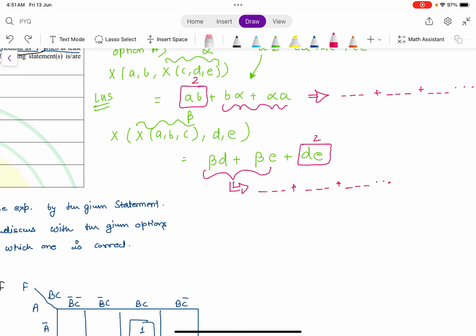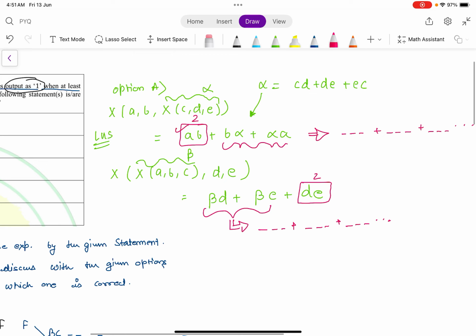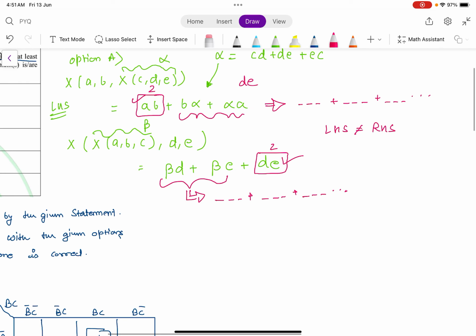So we can clearly say that AB is never going to vanish and DE is never going to vanish. So the left hand side is having one term AB and the right hand side is having one term DE. In both the expressions, LHS is not going to be equal to the RHS, because LHS is never going to create a term which is having DE, and RHS is never going to create a term which is AB.